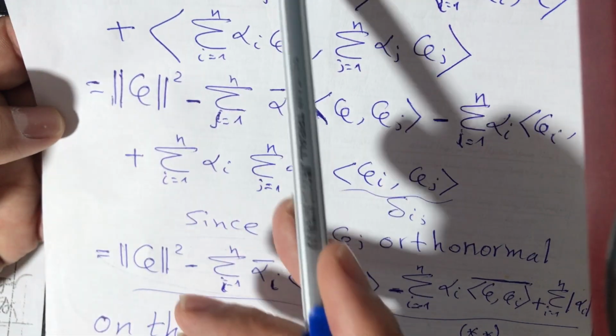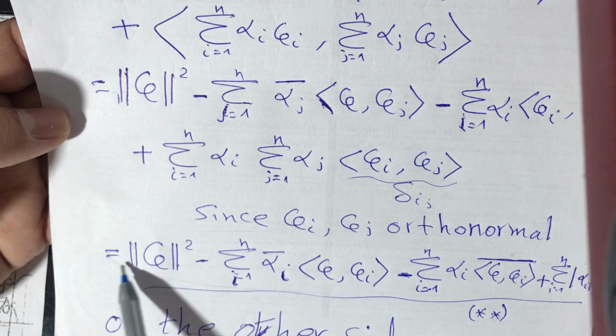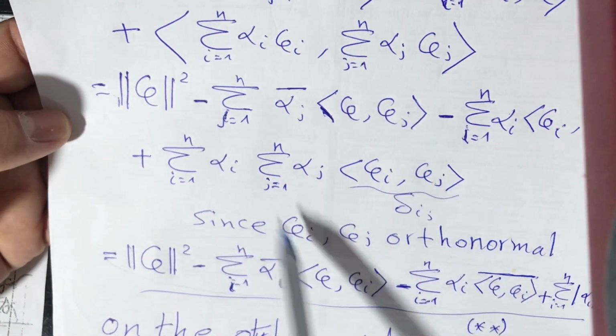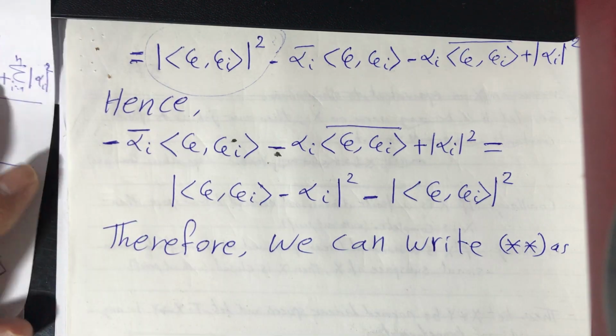This is equality here, and here, and here. So this is equal to this, and we can write it another way.